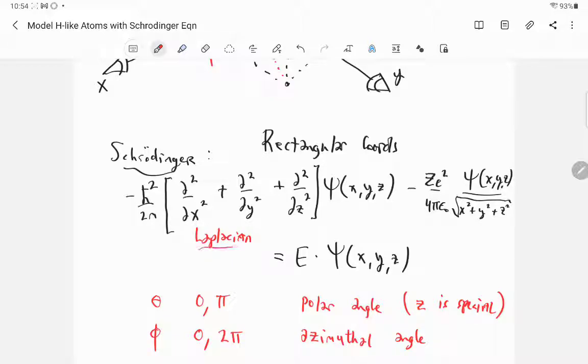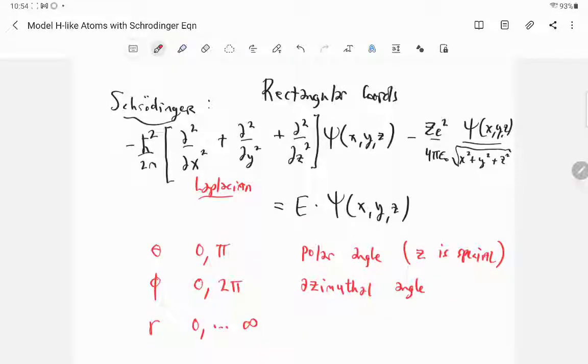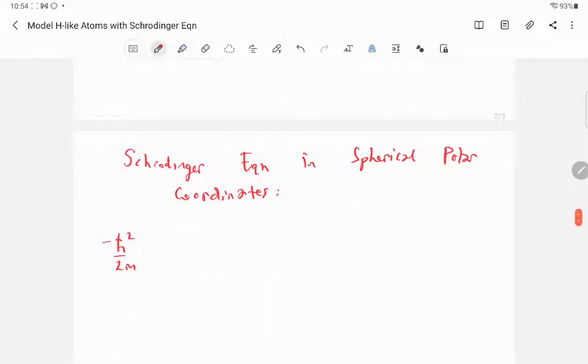But this operator is referred to as the Laplacian. And this operator, Laplacian, in rectangular coordinates, looks really clean. But the Laplacian operator in spherical polar coordinates looks actually kind of difficult and sort of strange, and you have to be really careful. So let me show you what it looks like. I'm going to put a bracket, and it goes 1 over r squared, and then a derivative with respect to r.